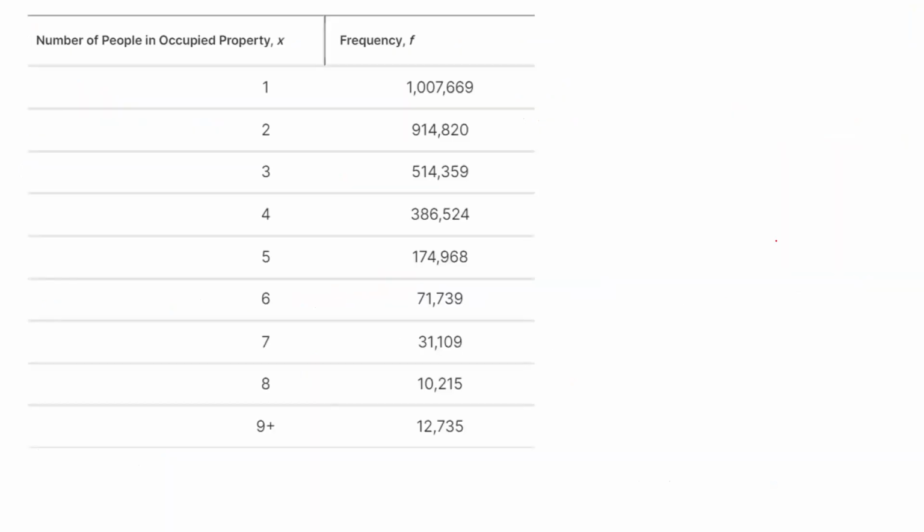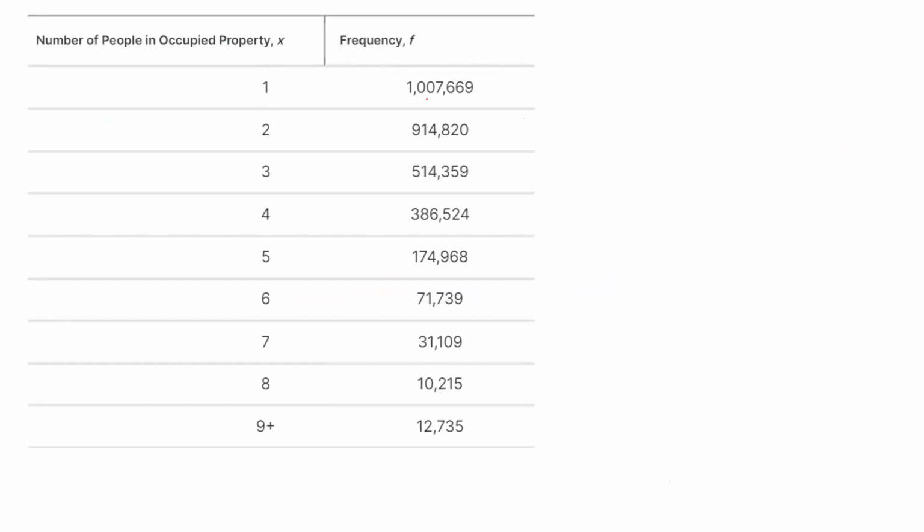In this question, you have the number of people in each property, which is represented by X. The frequency is F. So take a look. One resident is associated to 1,007,669 properties.